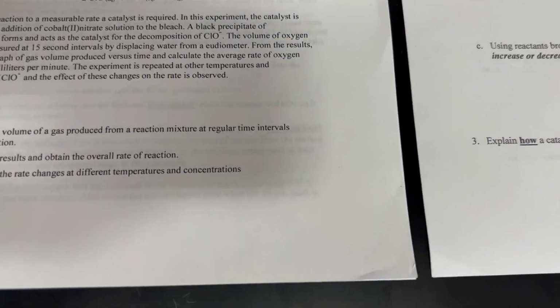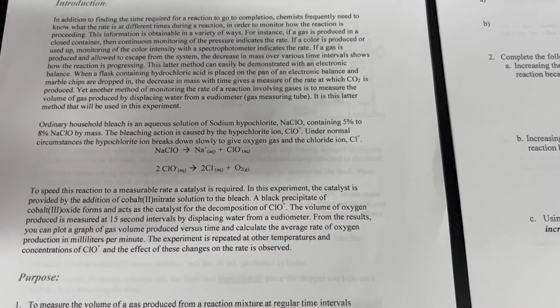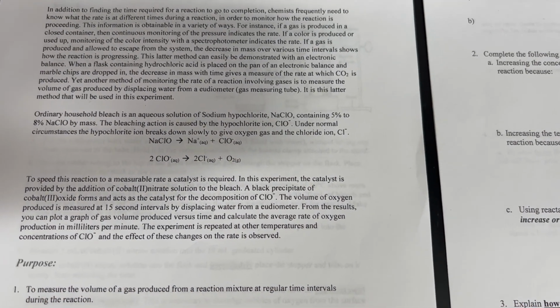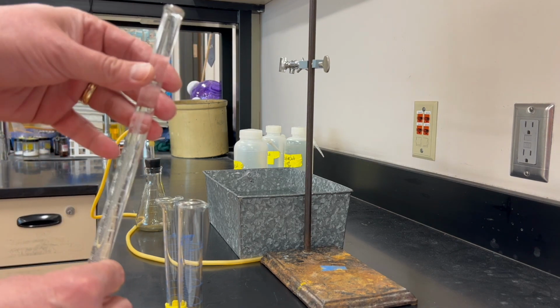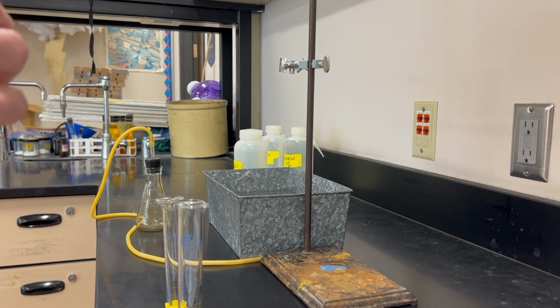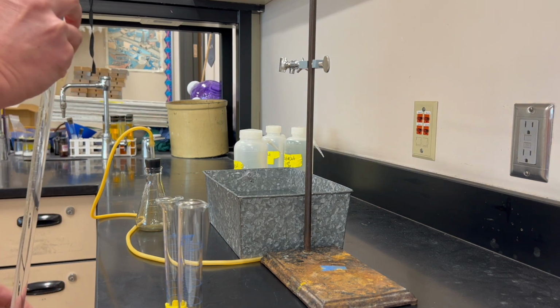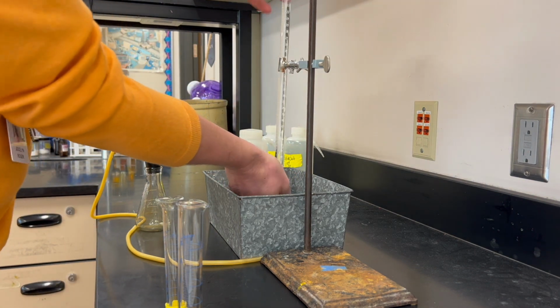So the decomposition is going to follow these 2 steps outlined in your lab introduction. So let's do it. We're going to take a glass collection tube, fill it with water. We're going to invert that in a trough that is about 2/3 full of water, and we're going to secure that.